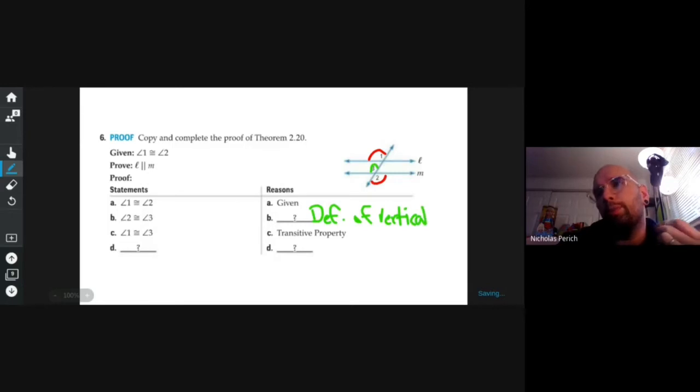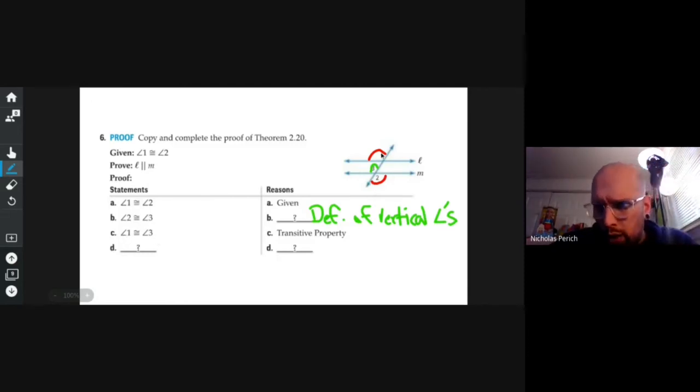Good job. I'm out of room, so I'm going to use the angle symbol for the word angle. If angle 1 is congruent to angle 2, as stated here, and angle 2 is congruent to angle 3, then angle 1 is congruent to angle 3.